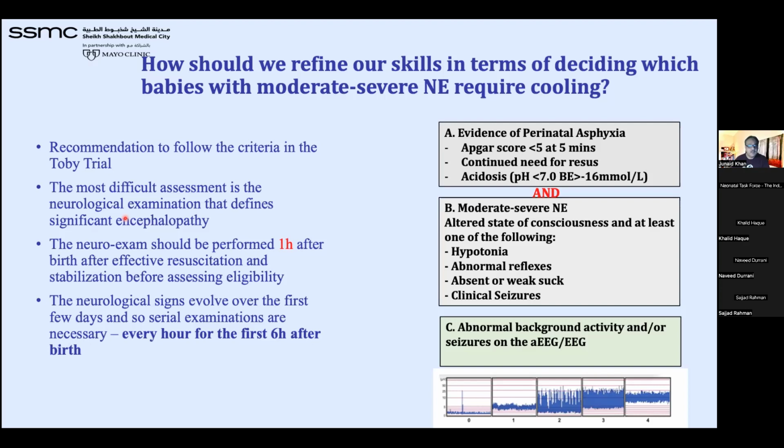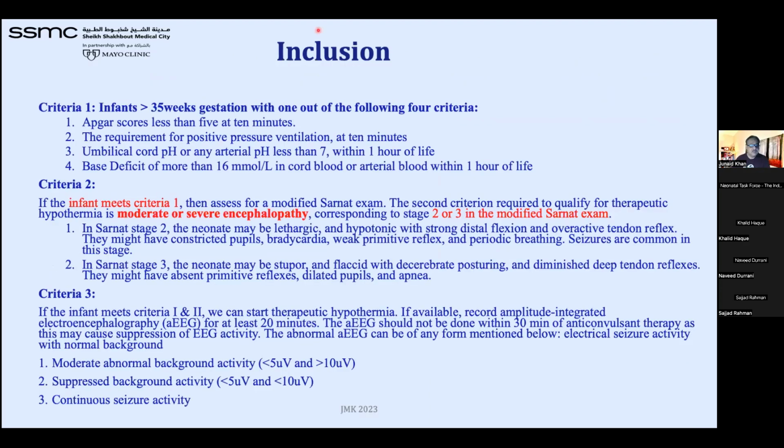What we are using is infants more than 35 weeks with 1 out of the following 4: Apgar score less than 5 at 10 minutes, requirement of positive pressure ventilation at 10 minutes, umbilical cord pH less than 7 within 1 hour, or base deficit of minus 16 on arterial blood within 1 hour of life. The infant has to meet the above criteria to go for the second, or severe encephalopathy, Sarnat 3.